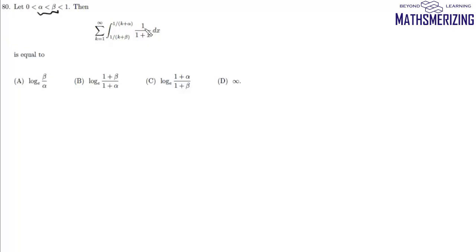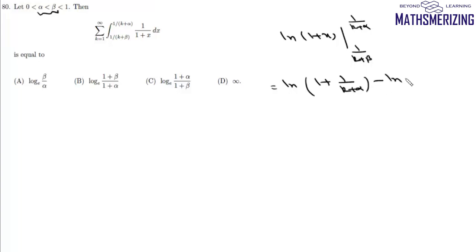So we know that the integral of 1 upon 1 plus x will be log(1 plus x), when the value of x varies from 1 upon k plus beta to 1 upon k plus alpha. So we can write this as log(1 plus 1 upon k plus alpha) minus log(1 plus 1 upon k plus beta).